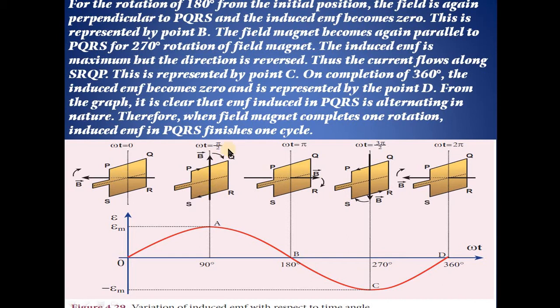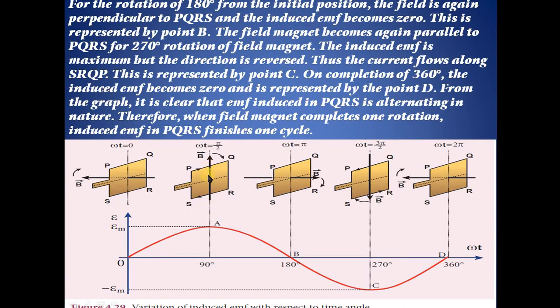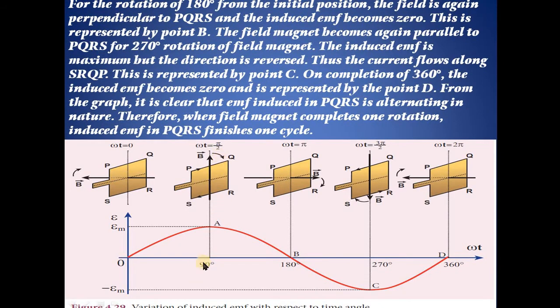This is the point A, which indicates the field magnet rotated through 90 degree. What happened? At 90 degree the magnetic field becomes parallel to the PQRS. The induced EMF across PQ and RS would become maximum. So induced EMF is maximum at 90 degree position. That means point A indicates maximum induced EMF.